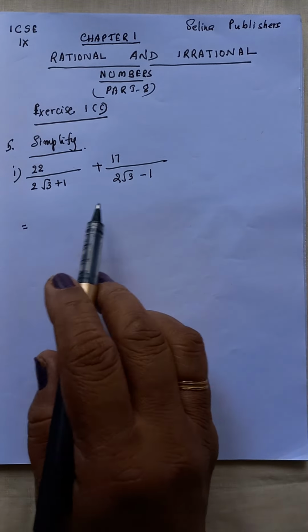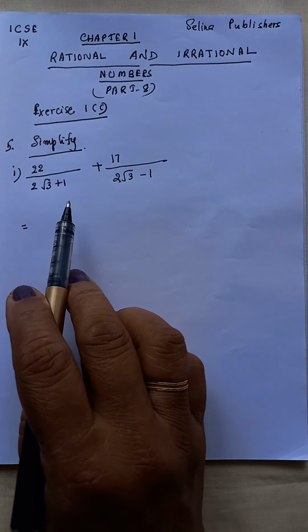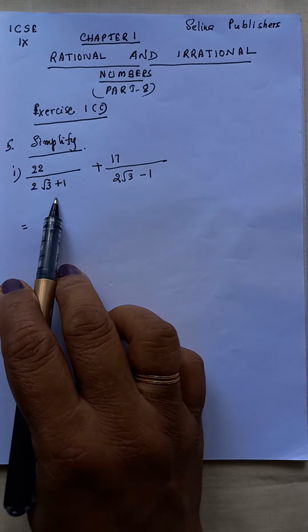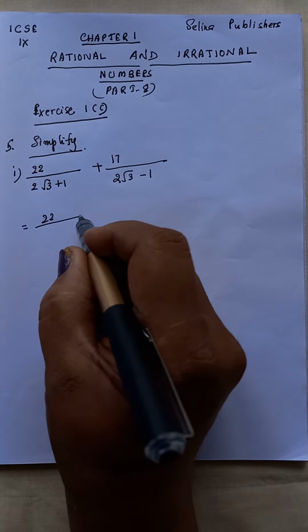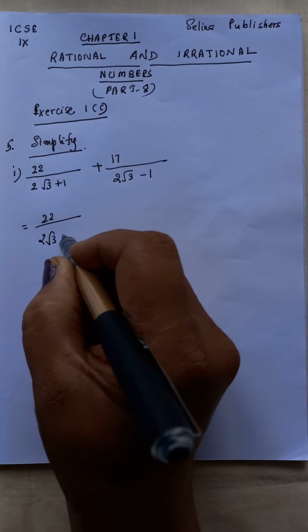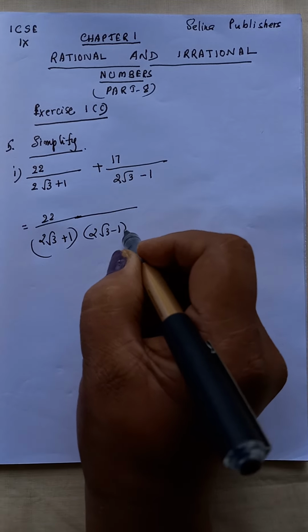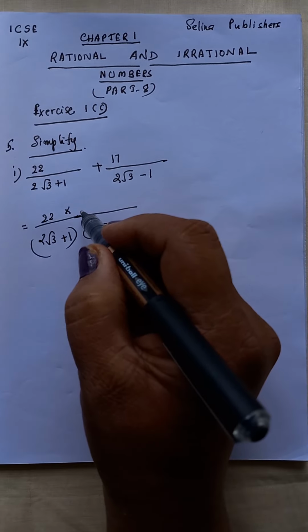That is, we can eliminate roots in the denominator by multiplying both the numerator and denominator with the conjugate of the denominator. Here in this case 22 by 2 root 3 plus 1. Its conjugate is 2 root 3 minus 1. At the same time we have to multiply the conjugate with the numerator also.